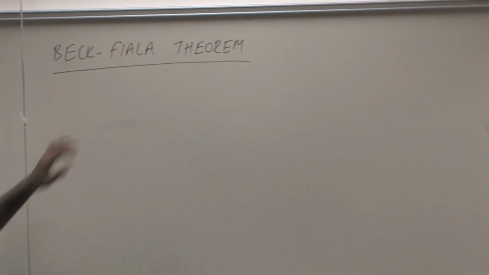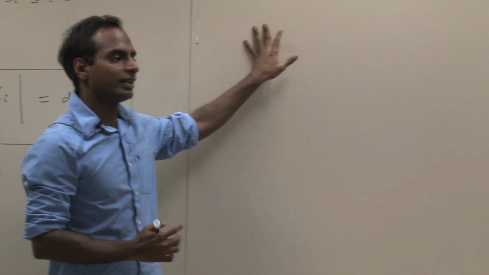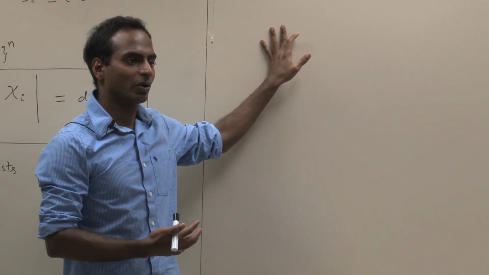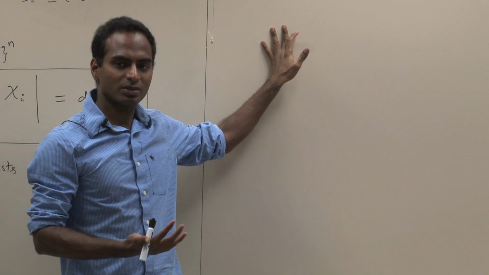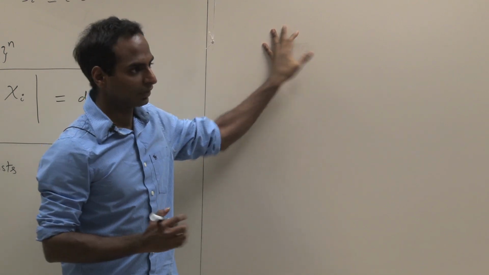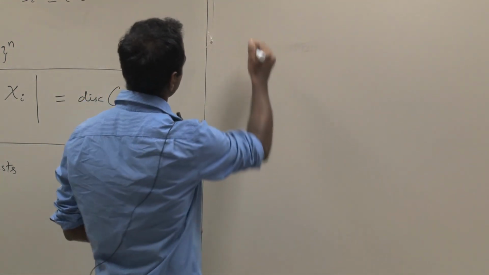Okay, so now we're going to look at the Beck-Fiala theorem, and it's a result about bounding the discrepancy of set systems of bounded degree. So what do I mean by that?